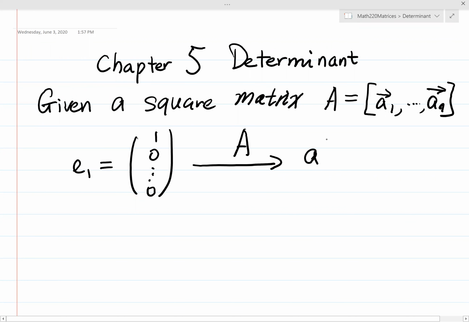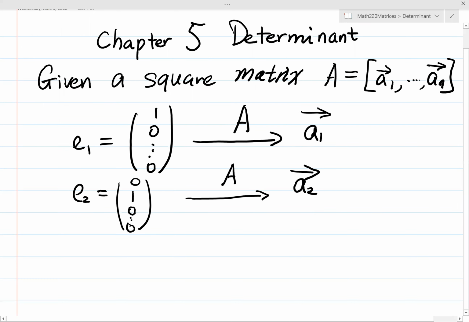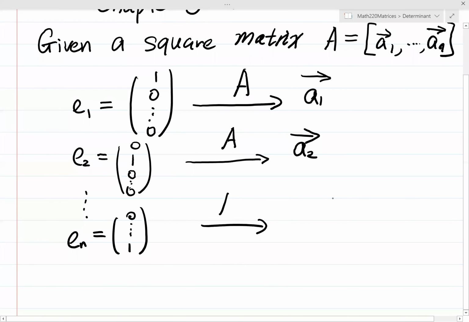E2 has 0 first, 1 second, then zeros; A times E2 gives the second column, etc. En is zeros then 1, and A times En gives An.